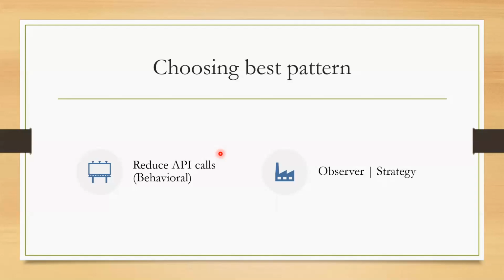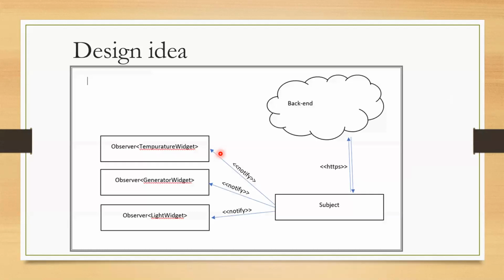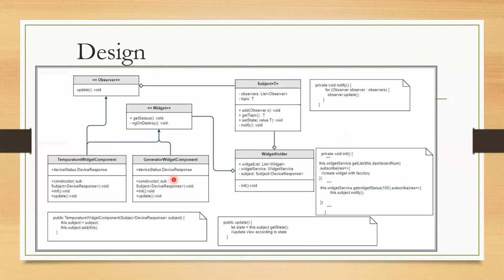So the design idea is we assign one person to fetch the HTTP calls, and once we get the data, we notify all the widgets. To solve that, the design pattern is the observable design pattern.